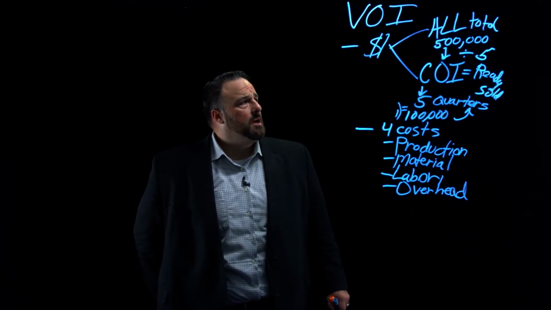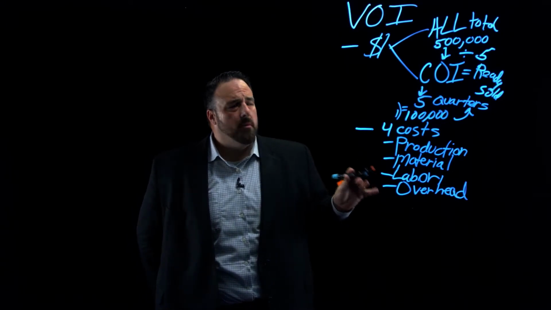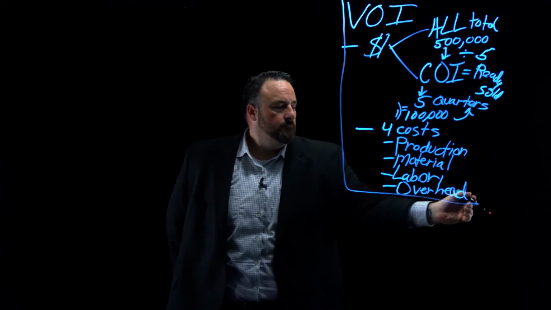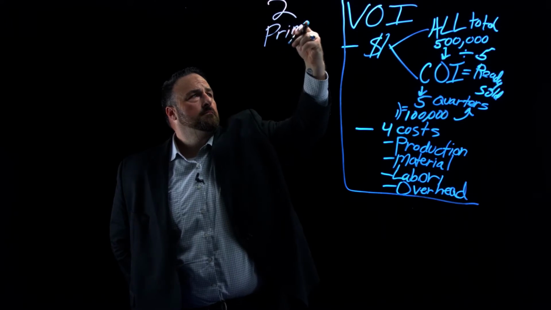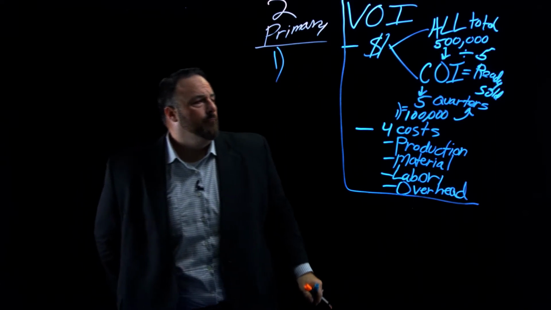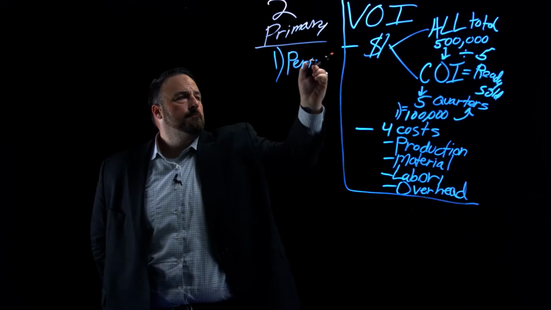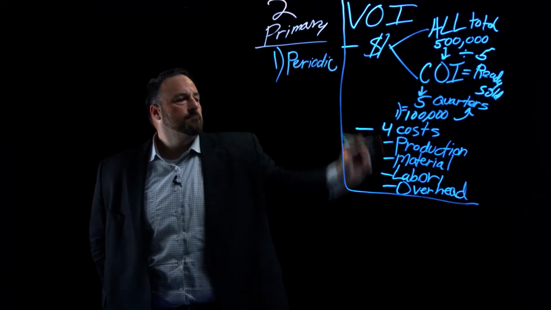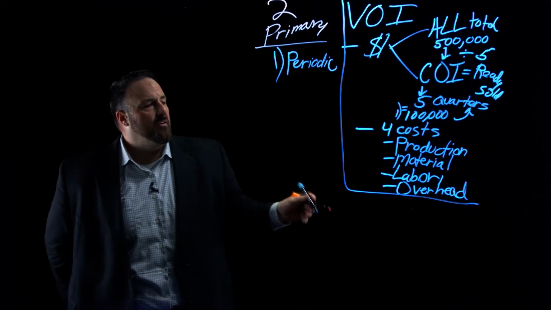Now, as discussed, we're talking about right now in 3.13.1, the two primary methods to track inventory. Okay. So the first method is called the periodic. The periodic inventory method keeps track of merchandise costs in various purchases.